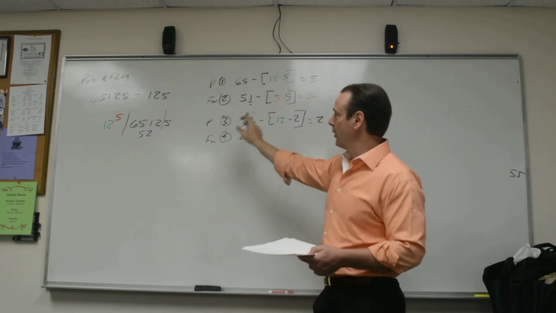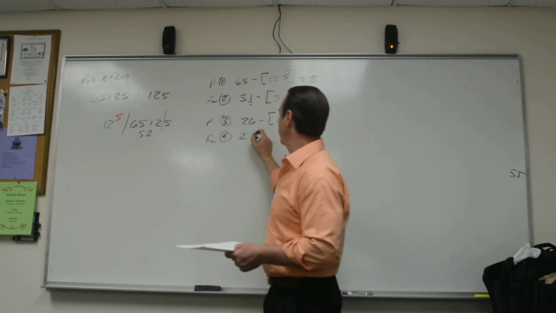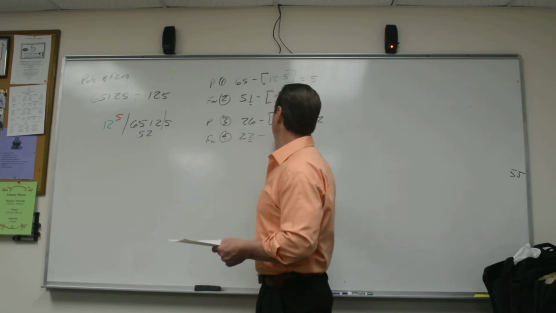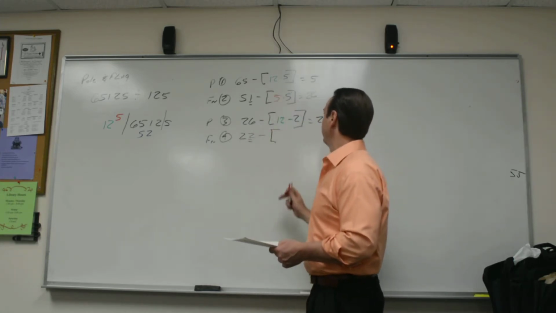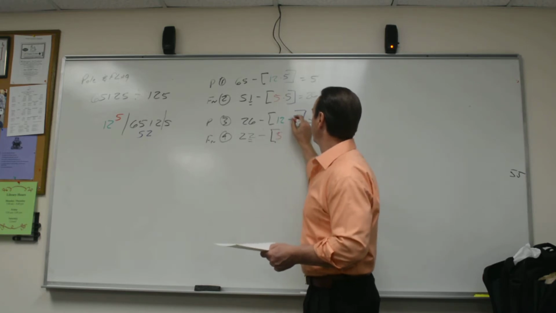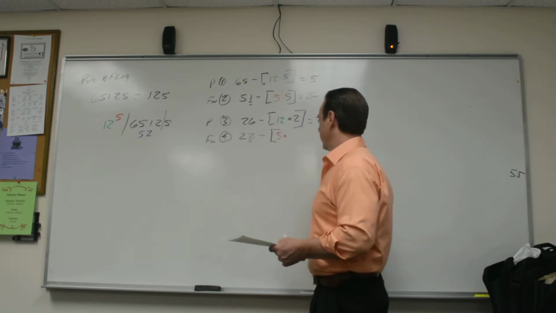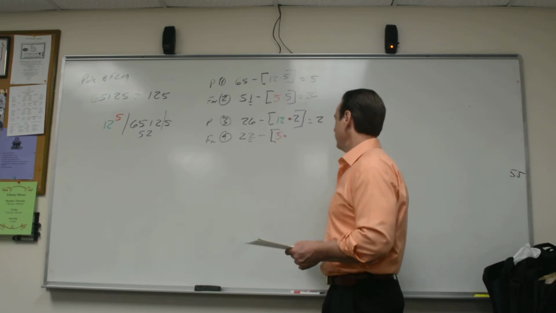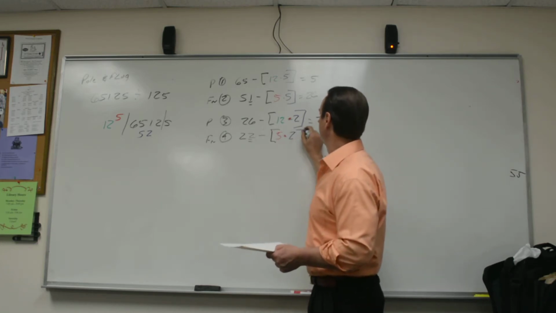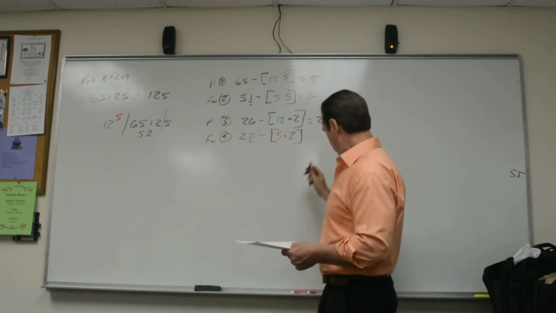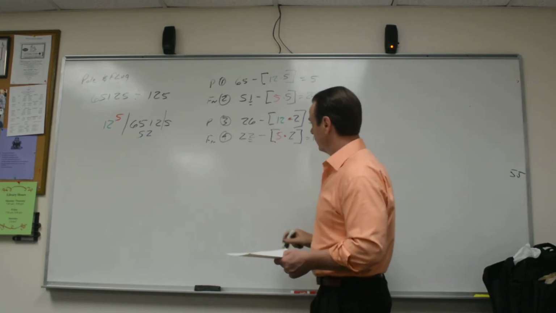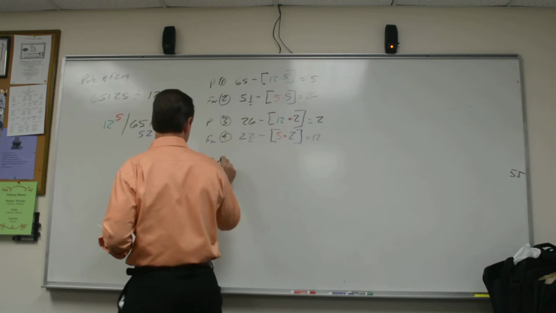Since we're in our flag now, we're going to pull something down. We pull down the 1, the next digit we're going to pull down is a 2. 22 minus, got to use our flag again. 5 times, it has to be 2. All right, so 5 times 2 is 10. 22 minus 10 equals 12. So we'll go to our next pole.